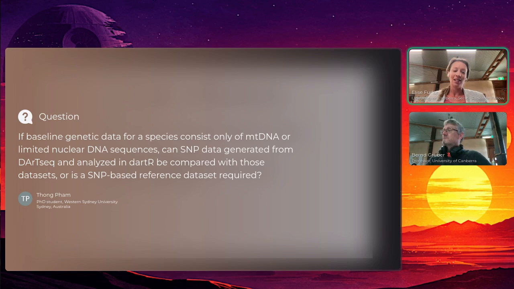Your limited nuclear DNA sequences, it's going to depend what you mean by limited. So if you've got a lot of missing data across individuals and that data is missing at different loci, that can be very difficult. But if you've actually got good quality data but at only a small number of loci, then you can of course use that to help generate your SNP panel.